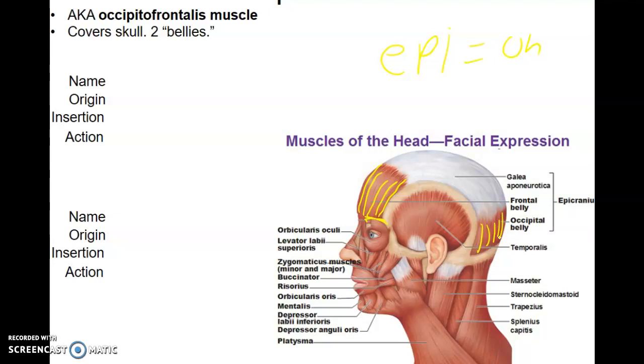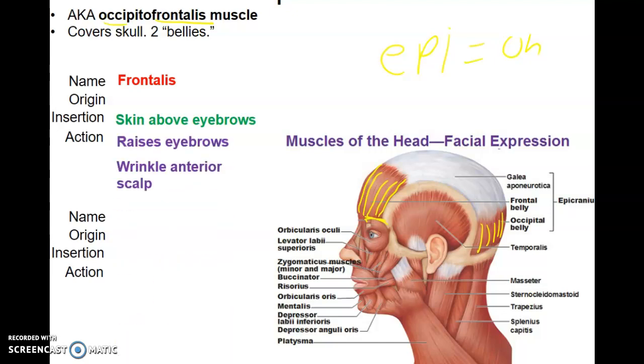I learned it as 2 different muscles. I learned it as the frontalis and the occipitalis. So, the frontalis. Its insertion is the skin above the eyebrows. It's going to help you raise your eyebrows. It wrinkles your scalp. I have no idea why you want to wrinkle your scalp, but it does.